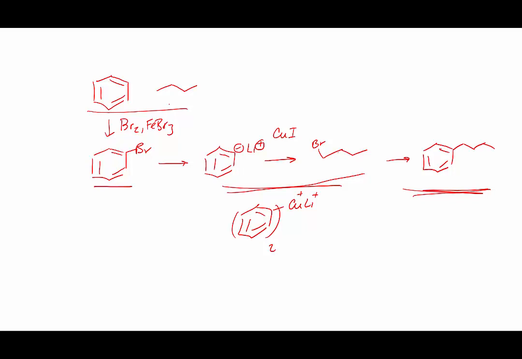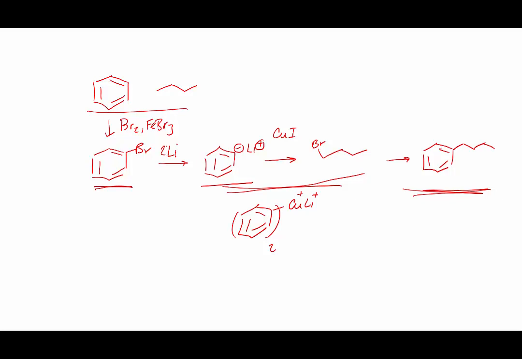So then how to get from Br to lithium? How to get from bromobenzene to the organolithium? What'd I add? Lithium. Doesn't matter. No, you need two, but the stoichiometry.